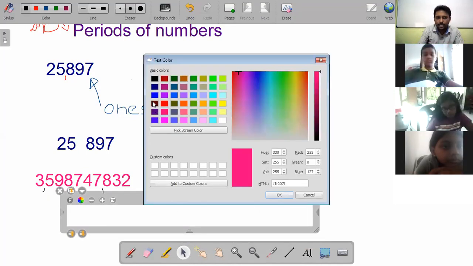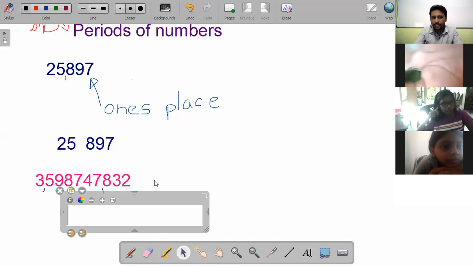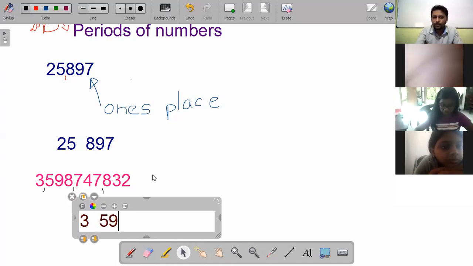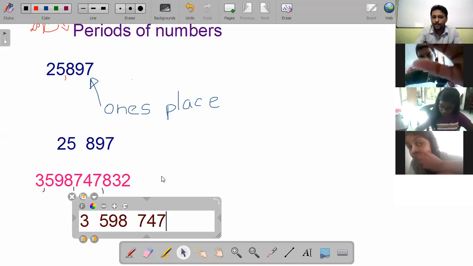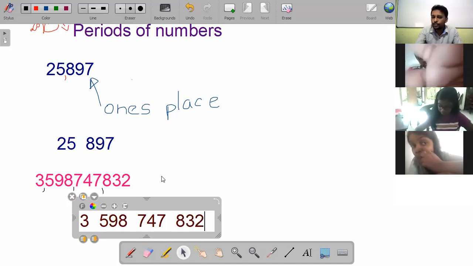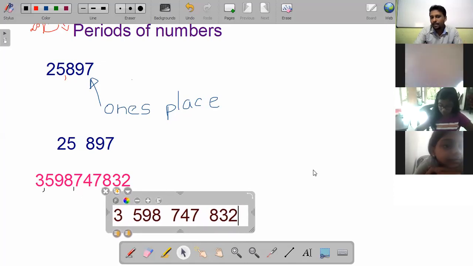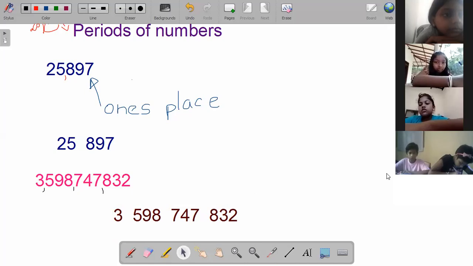Look at the separating method. 3 is one group value, no? One period value, 3. Then keep the space. The next group is 598. Keep the space. 747. Keep the space. 832. That's the separating part into periods. Are you clear, all of you? හැමෝටම පැහැදිලිද?